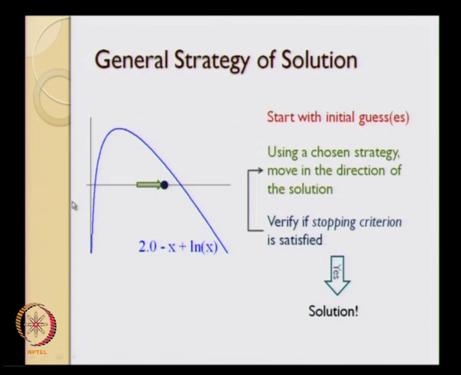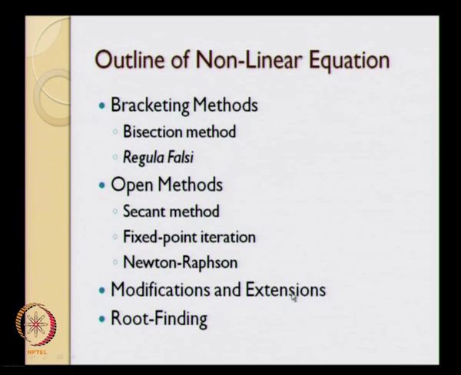For example, one initial guess could be over here and the other over here, so that they bracket the solution. We then figure out a way to determine what the next guess is going to be. There are two such methods that we will cover in this module. One is called the bisection method, and the next one is the regula falsi method.